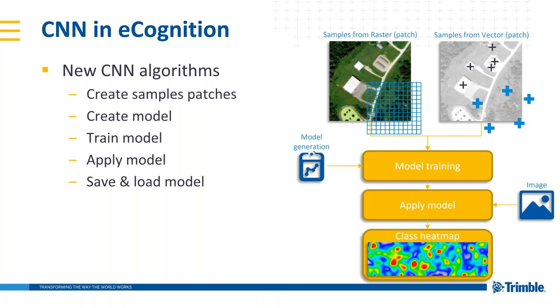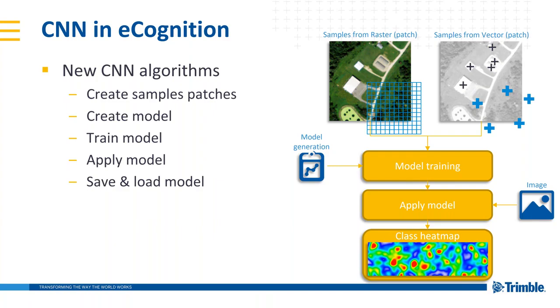CNNs typically involve lots of samples, and this prevents the user from having to sit down and physically click 1,000 samples for a manhole cover, for example. We can automate the sample patch generation within eCognition through a create samples algorithm.